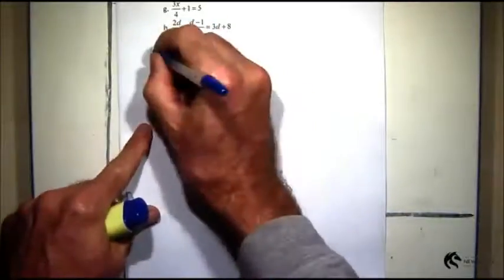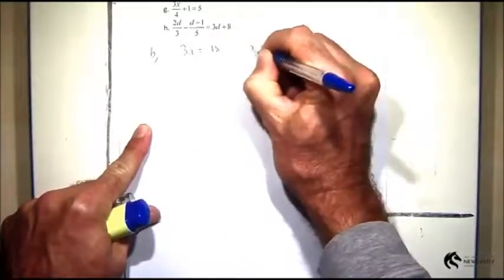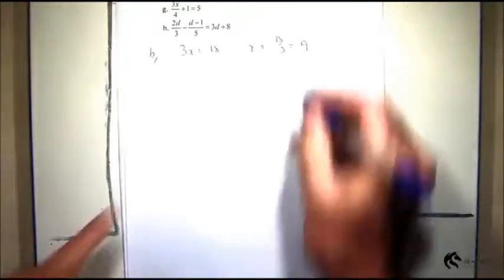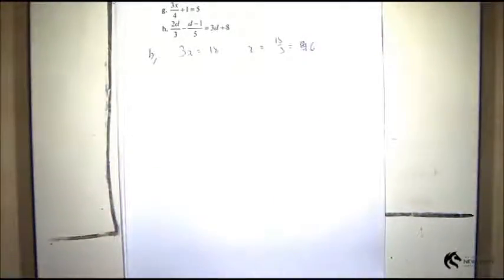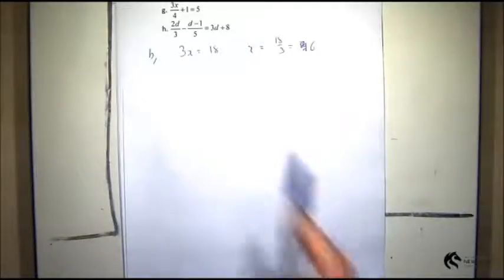So let's go. If 3 times x is equal to 18, then we can see that x is equal to 18 divided by 3, which is 6. And again, you can check your answer. 3 times 6 is 18.